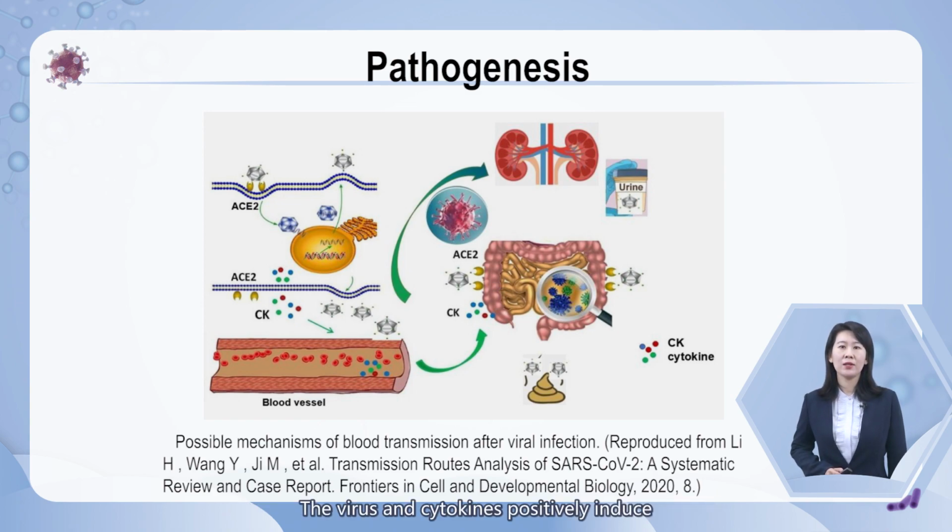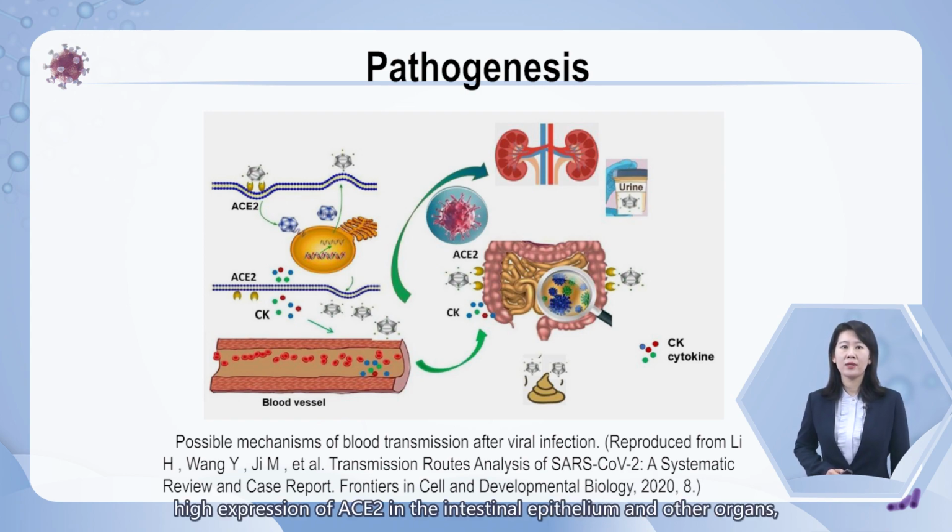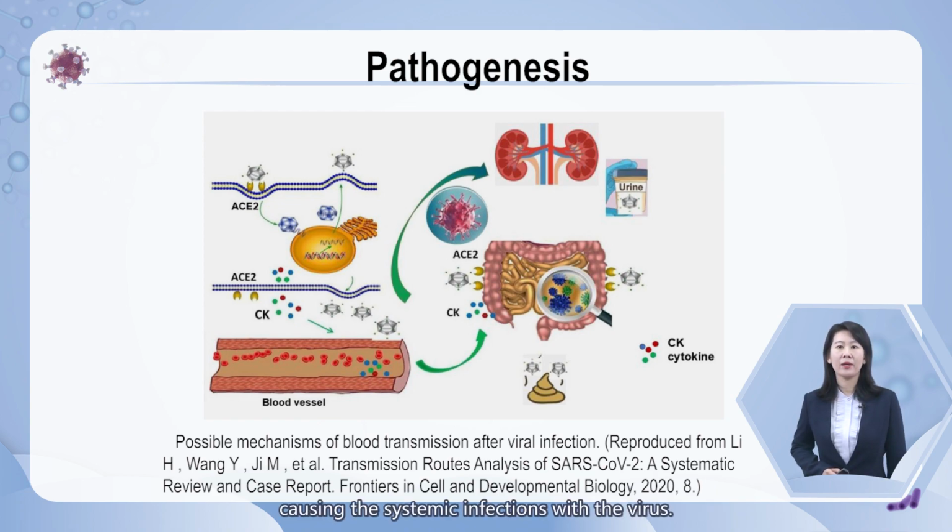The virus and cytokines positively induce high expression of ACE2 in the intestinal epithelium and other organs, which accelerates the overexpression of ACE2 and viral binding, causing systemic infections with the virus.